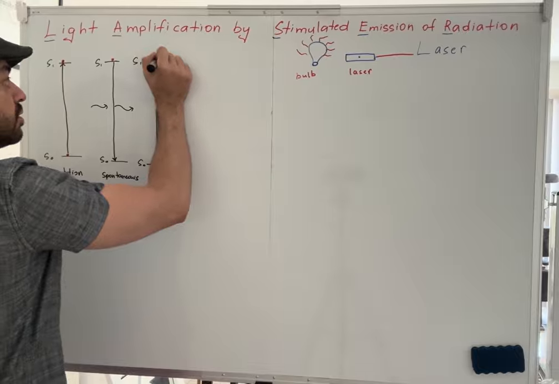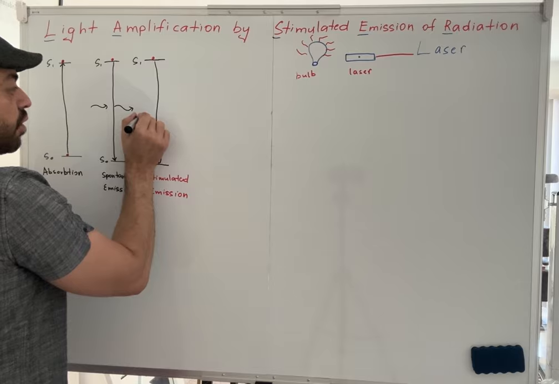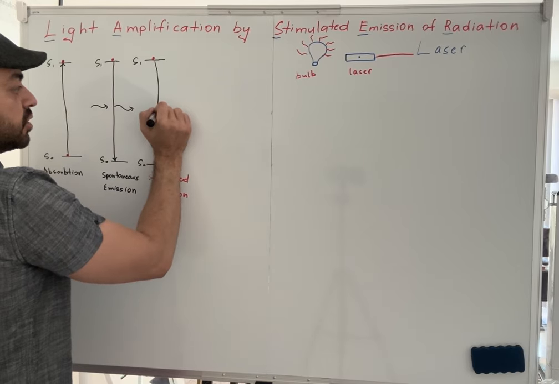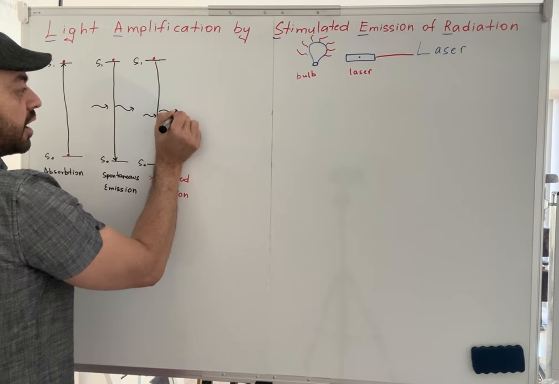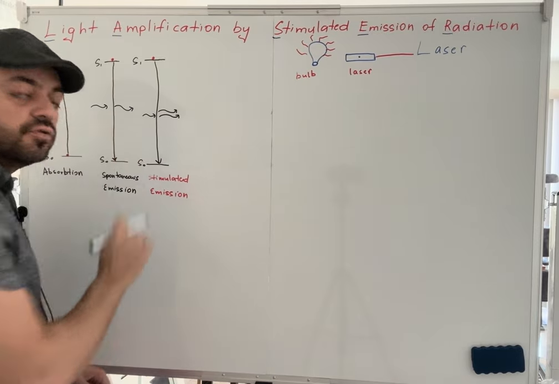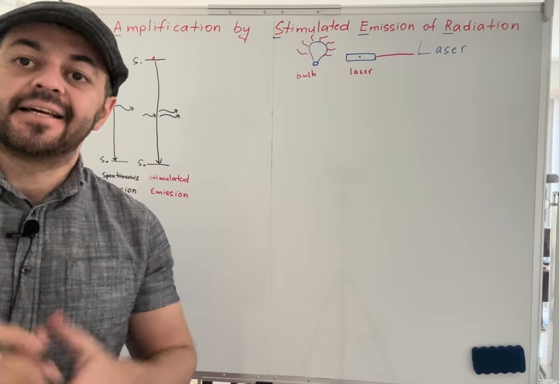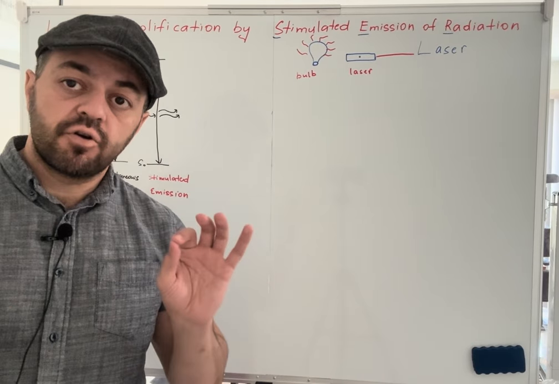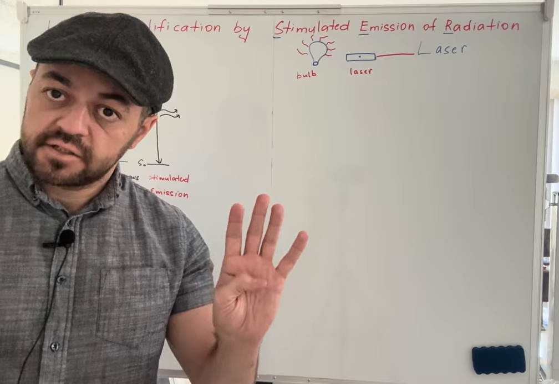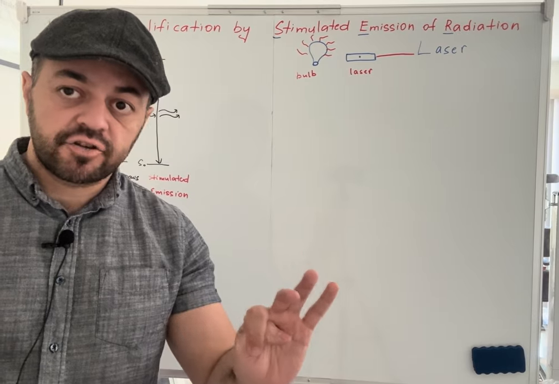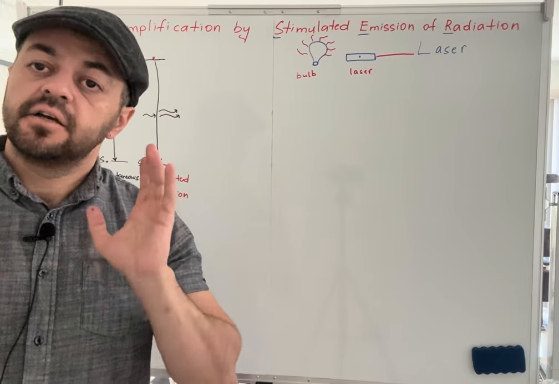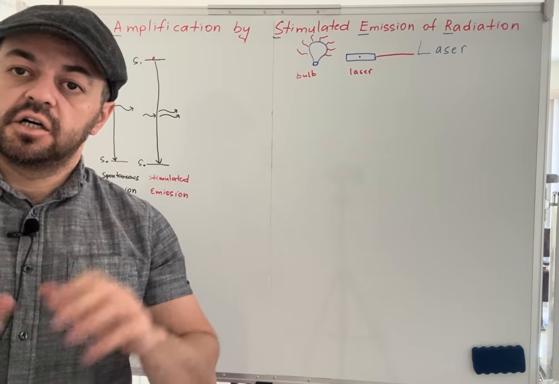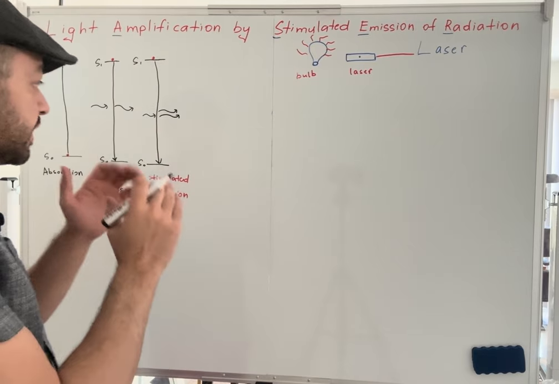But now it's going to be one photon in, two photons out. And these two photons are identical. Same. The key point here is same wavelength, unidirectional, and coherent. That's what makes the laser very, very special and important. So that's how it works.